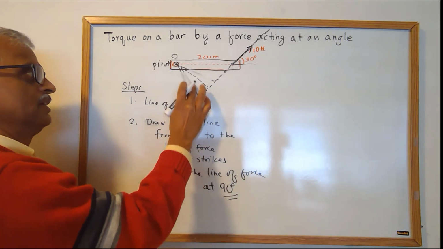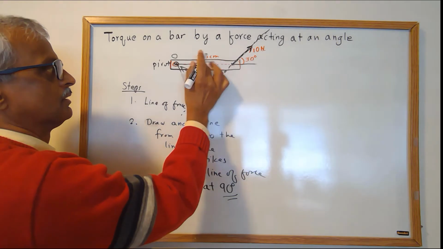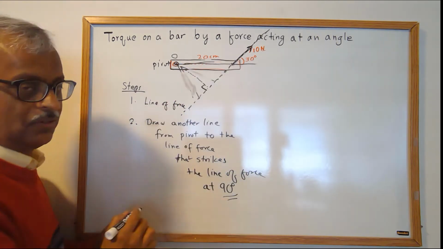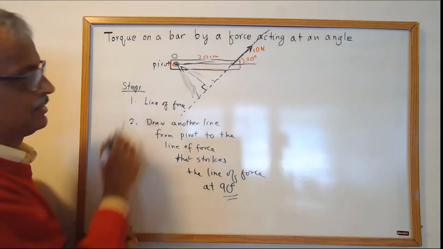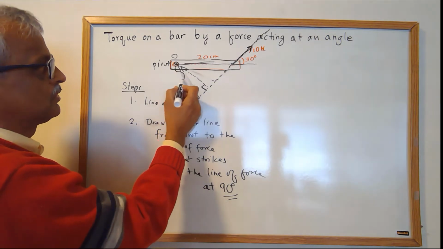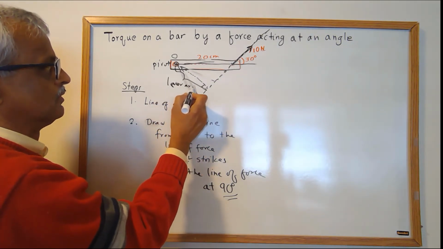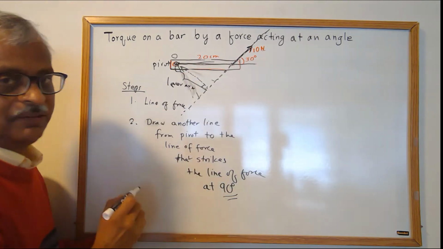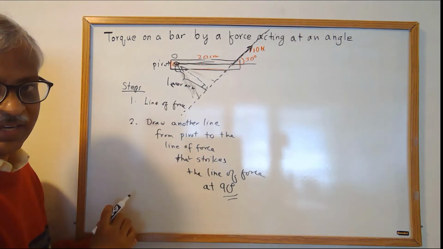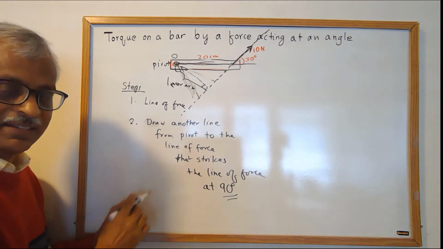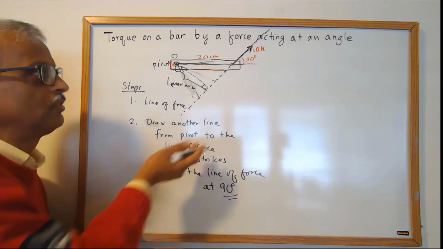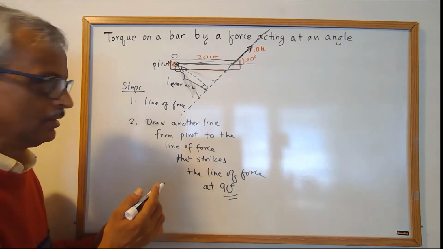You could draw a line from here to there, but I'm not drawing that line. I'm drawing this line, and this is what is called the lever arm. This one is not the lever arm. I want to figure out that distance. That's the effective distance around which this force is acting.